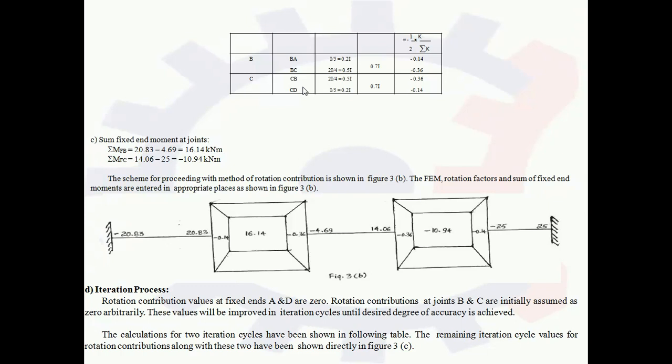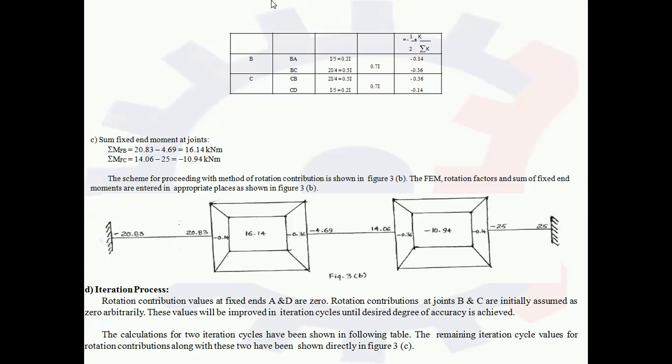So it is 0.5I. Now looking at the CD member, the relative stiffness is I by L because the D support is the fixed one. So I is 1I and L is 5, so it is I by 5, which equals 0.2I.